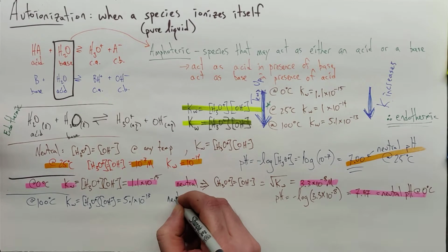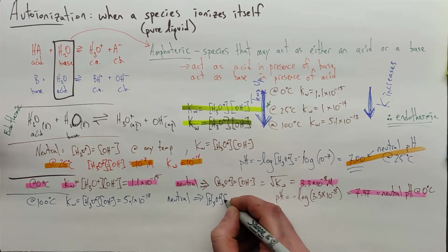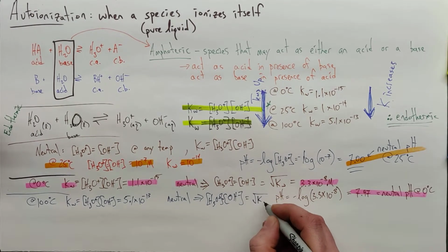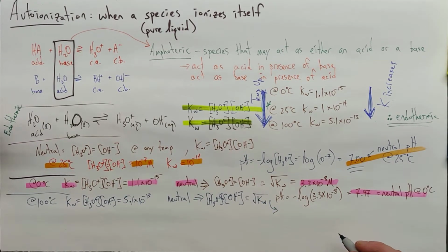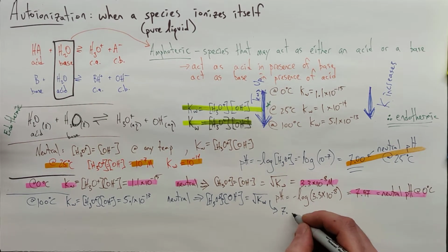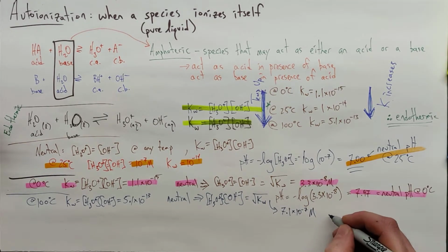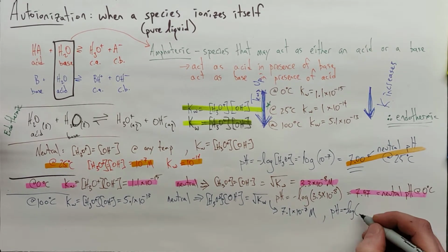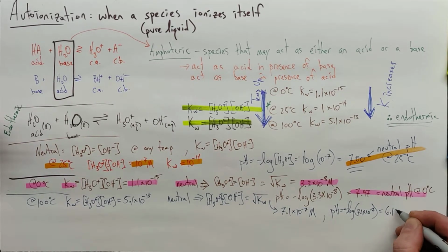To be neutral, the concentration of H3O+ is going to have to be equal to the concentration of OH-, and that's going to be the square root of Kw, which is going to be, in this case, 7.1 times 10 to the minus 7. And to get our pH, it's the negative log of 7.1 times 10 to the minus 7, which in this case is 6.14.